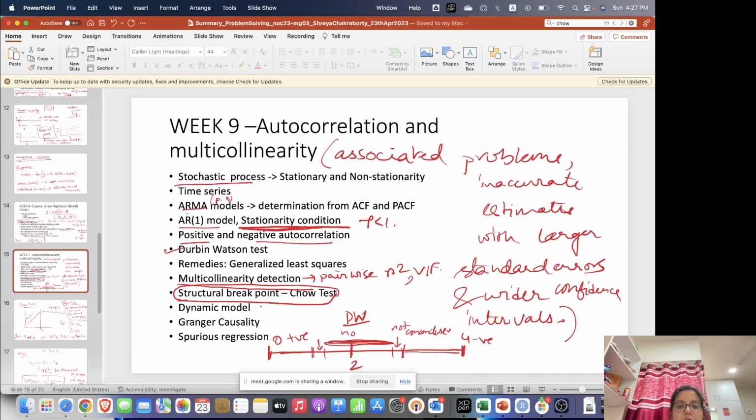All right. So again, coming back to the discussions, we learned something about dynamic modeling also. We also learned about Granger causality, where we say one series is Granger causal for the other series. So very briefly we learned about Granger causality and also about spurious regression.